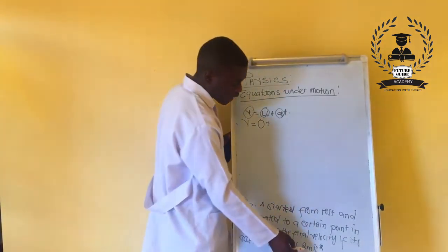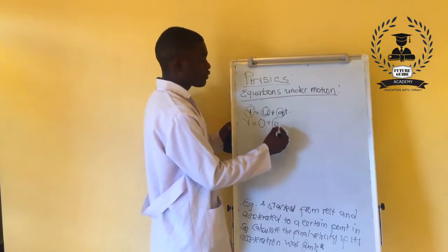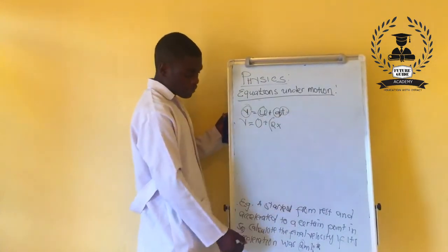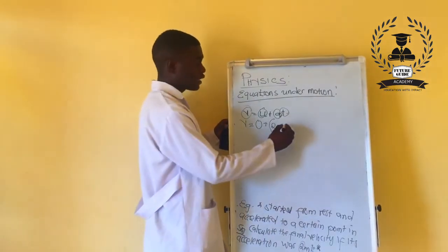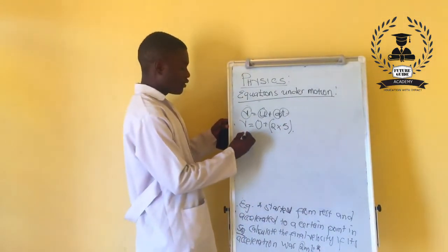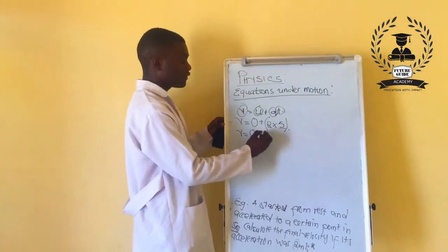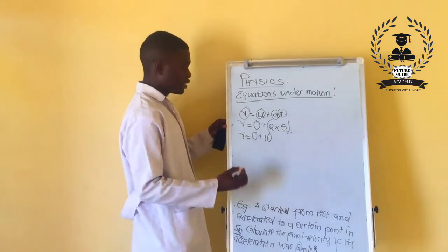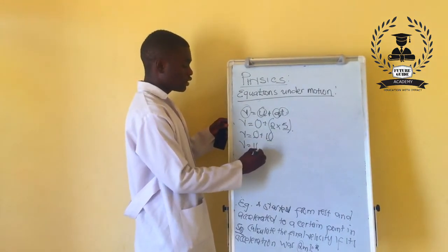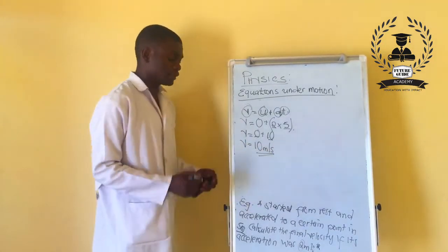We've been told acceleration was 2, multiplied by, what is our time? We've been told it's 5 seconds. So our v is equal to 0 plus 2 times 5, we are going to have 10. So 0 plus 10 will give us 10 meters per second.